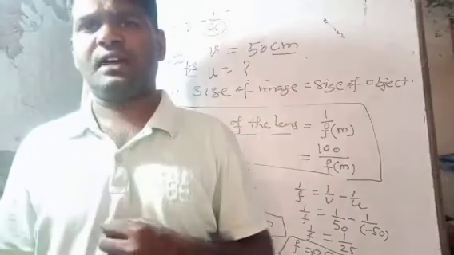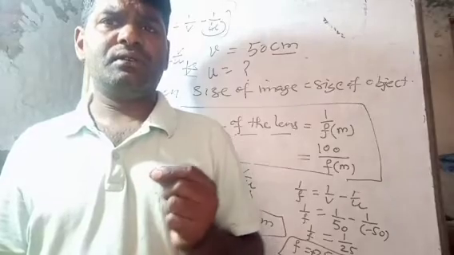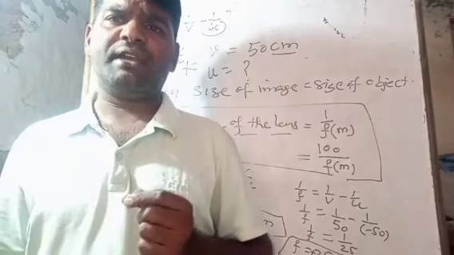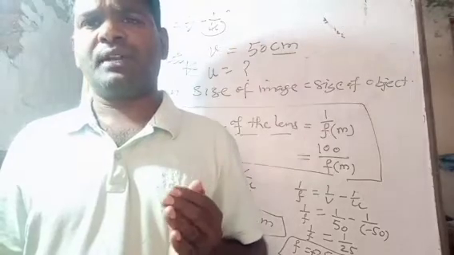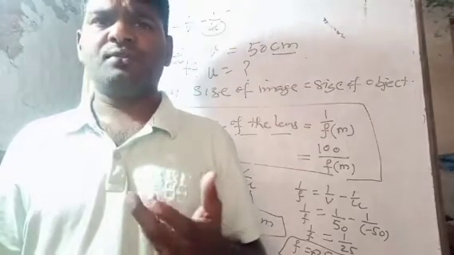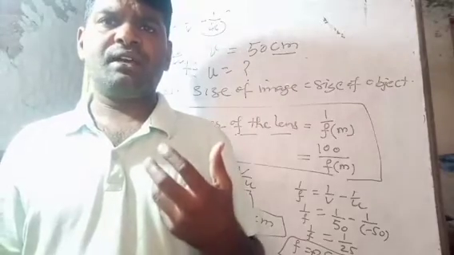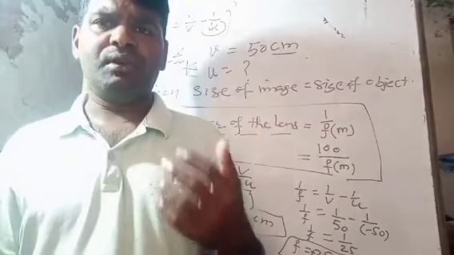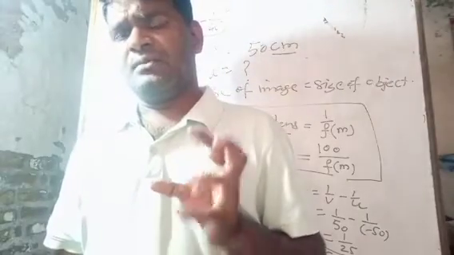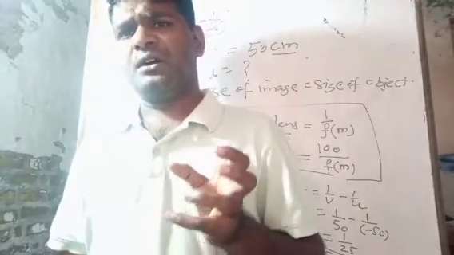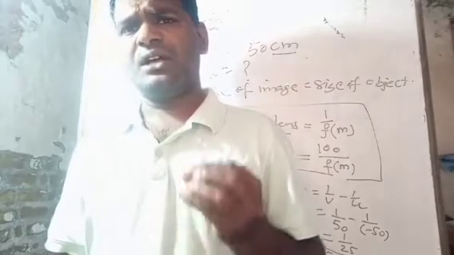We shall also throw some light on linear magnification and how it should be used to solve numerical problems, because while solving numerical problems students may face, or may be facing, difficulties because there is confusion about linear magnification for mirrors as well as for lenses.